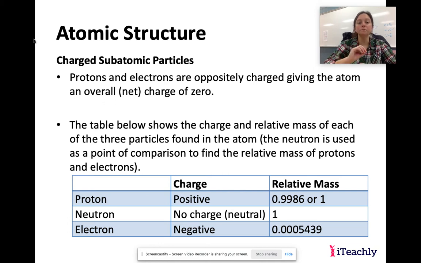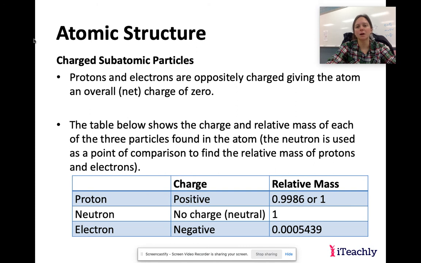So the other particle that we have in the nucleus of the atom is the neutron. The neutron is a neutral particle, and as a result, it's not going to affect the charge of an atom. But each one of these has a mass.